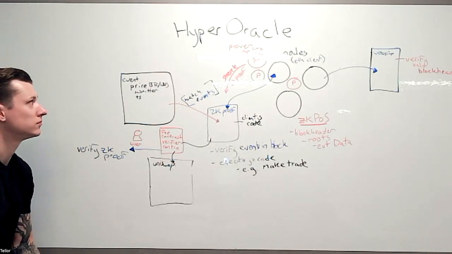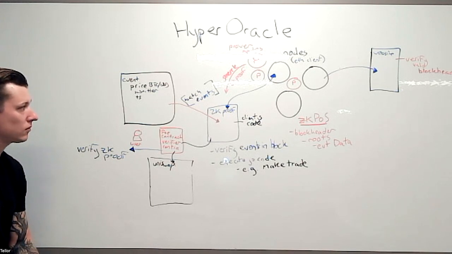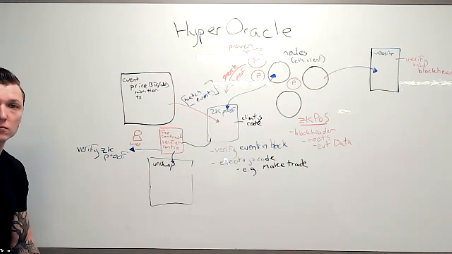If anyone has this proof, you can just verify it and you will be convinced that they did the computation correctly. If they do the wrong calculation, there will be no proof generated, and this will just return false or something like that.